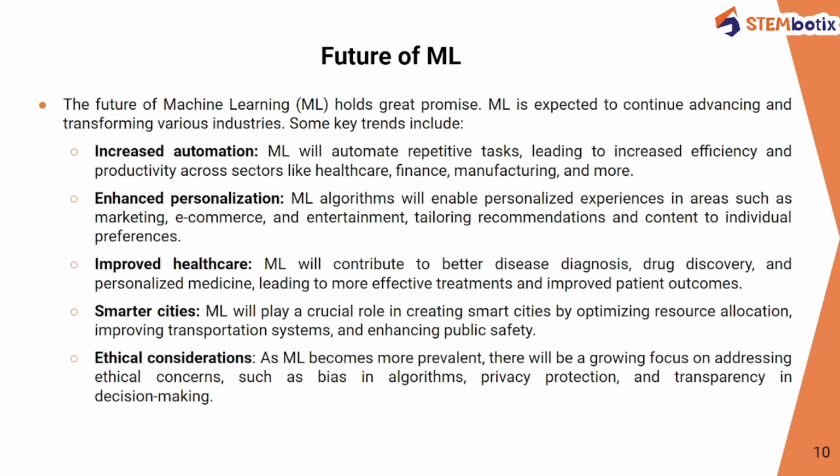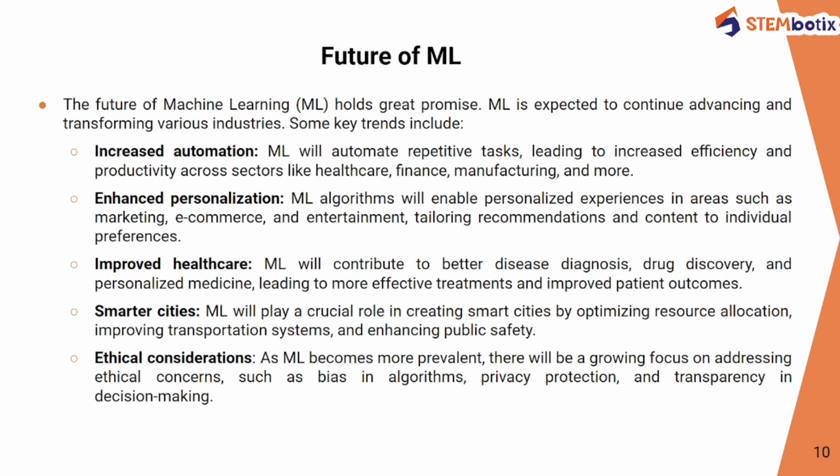Machine learning will automate repetitive tasks, leading to increased efficiency and productivity across so many sectors, for example in healthcare, finance, manufacturing and more. Manufacturing is going to benefit from machine learning on a very high scale, because in manufacturing there are so many repetitive tasks, and using ML the manufacturing industry can benefit more.